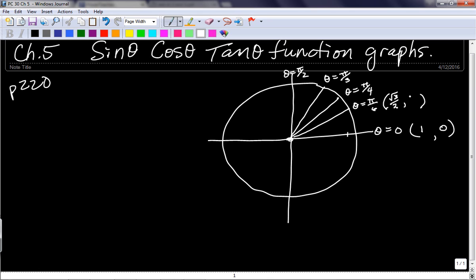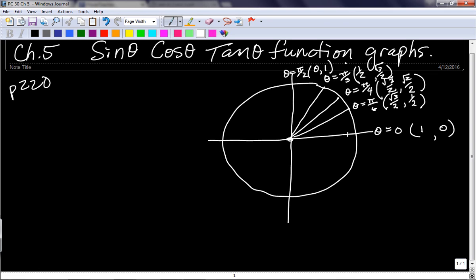Okay, and then what's this here? It's a half. That's easy to remember for this one too, because they're the same numbers, just reversed. So this one is 1/2 and root 3 over 2. And this one over here, what are the coordinates? Root 2 over 2 and root 2 over 2. Awesome. And this one is the coordinate 0, 1.